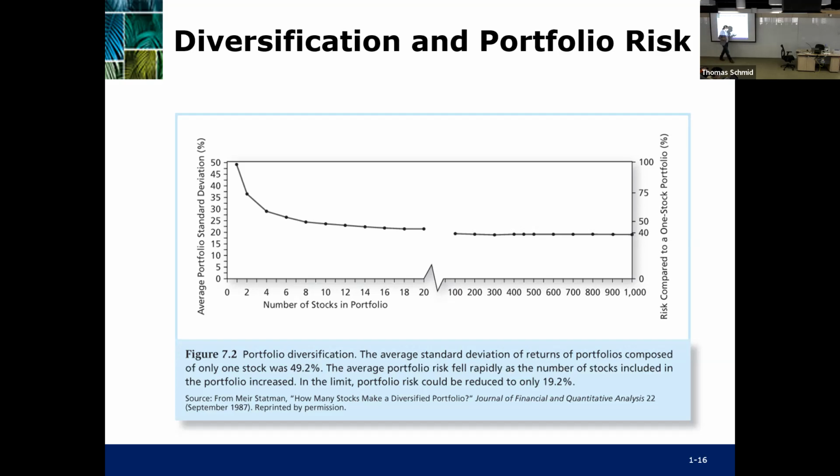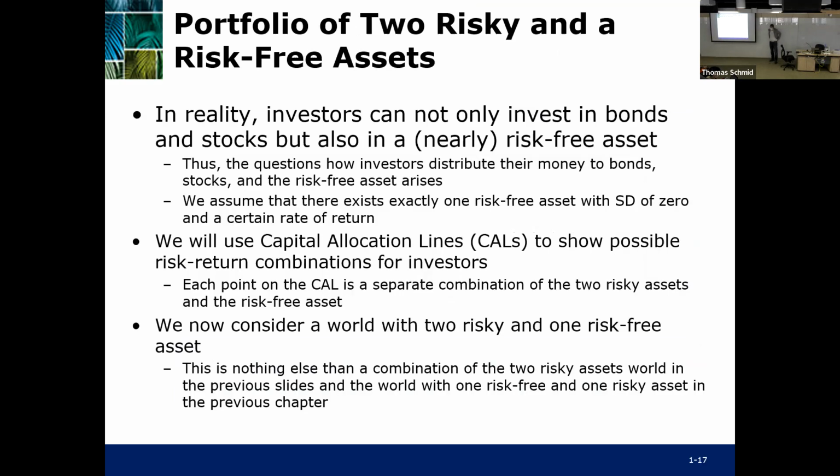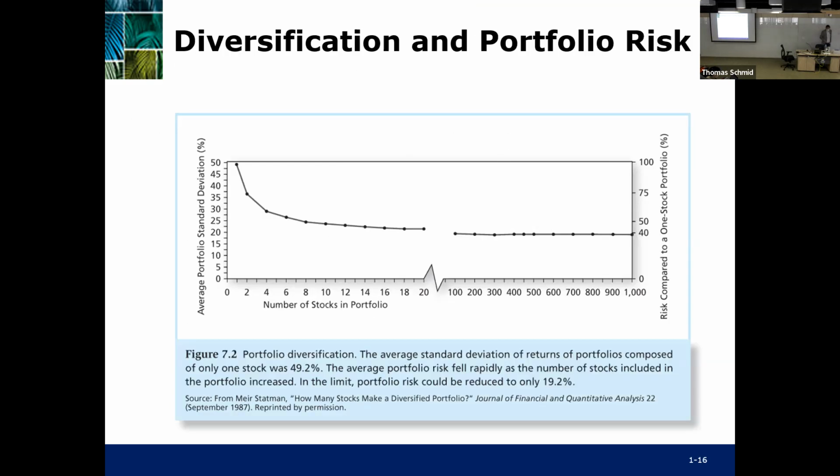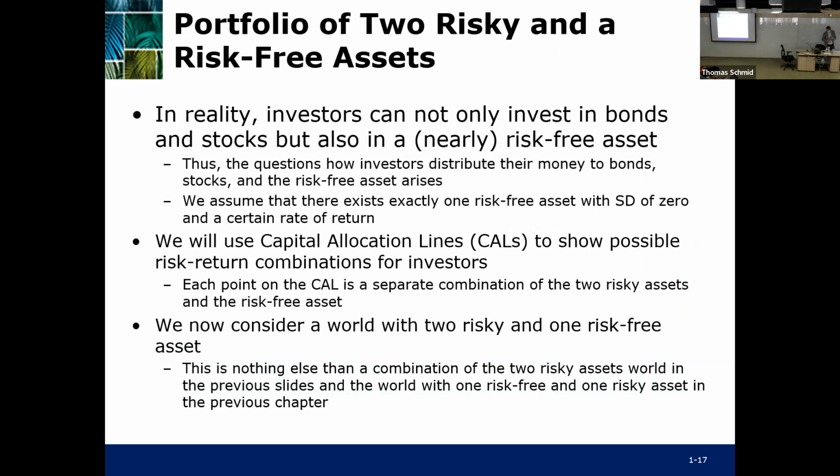So the message here is, you don't need thousands of stocks to diversify firm-specific risk away. You probably only need 20, 30, 40, 50, something around that. Okay? Clear? Good.